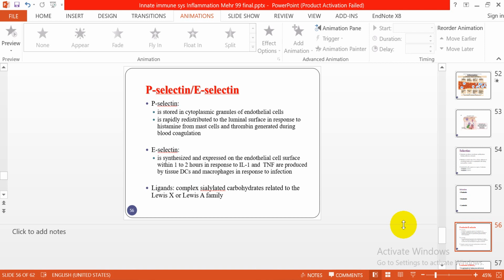The ligands of P-selectin and E-selectin are carbohydrates that are related to the Lewis family ligands.